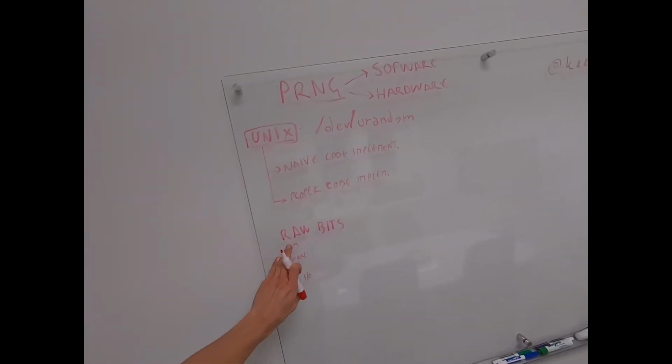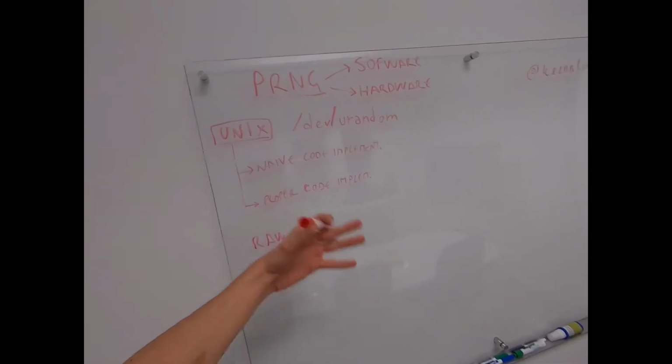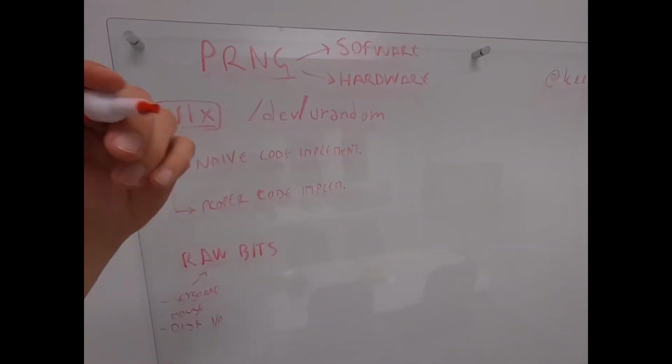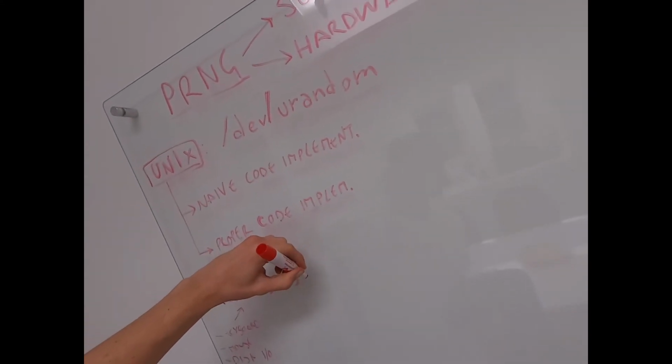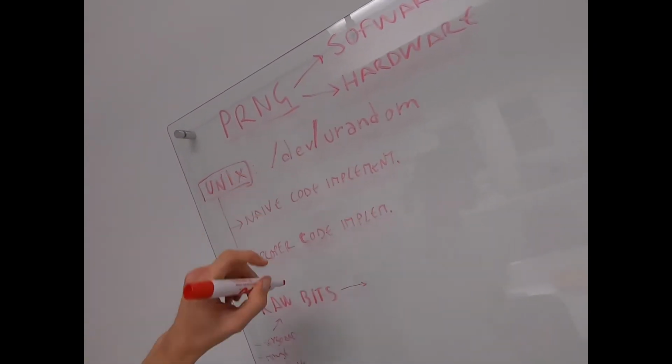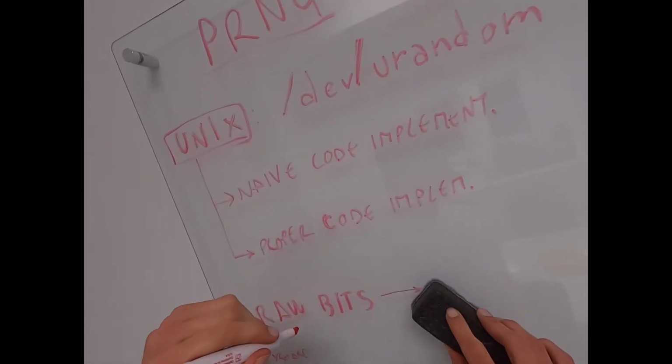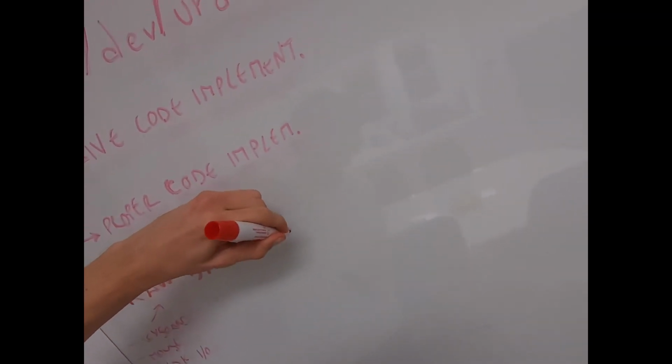They are measured and sampled, and you get raw bits with high entropy, random raw bits. The Unix kernel takes these raw bits and applies a hashing function, which we haven't gone over yet.